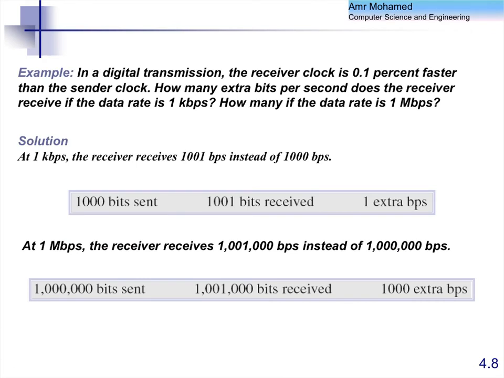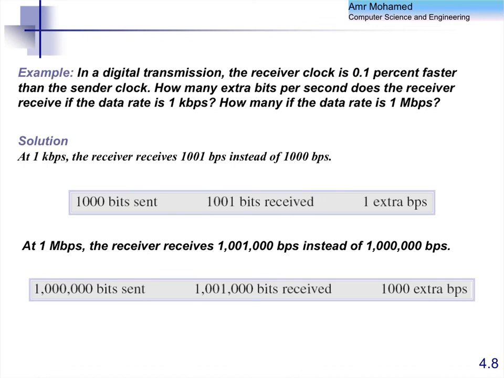So an example that illustrates the effect of synchronization or lack of synchronization. In a digital transmission, the receiver clock is 0.1% faster than the sender clock. So this means what? This means that for 1,000 bits, I have 1 extra bit.